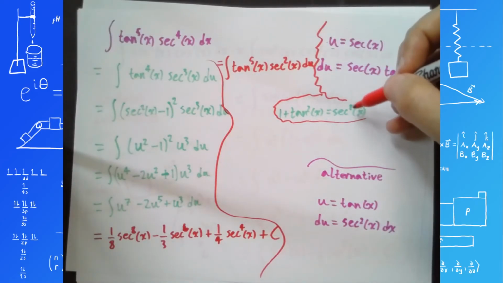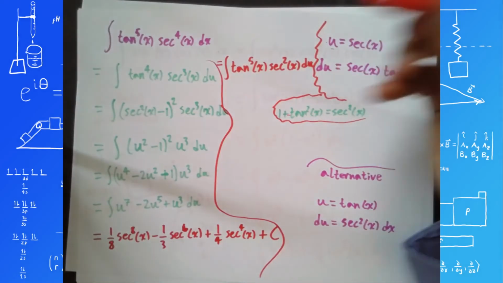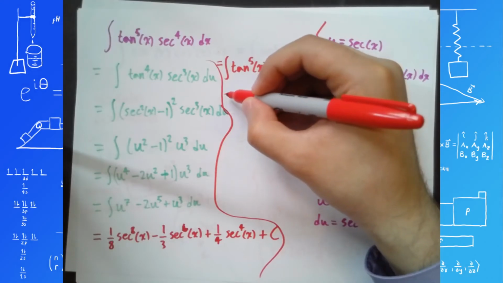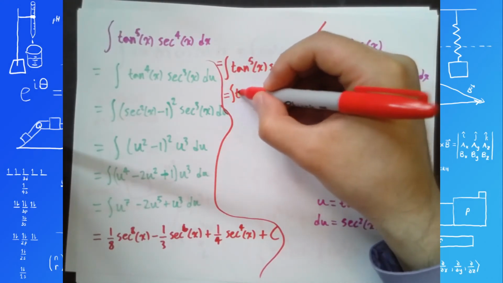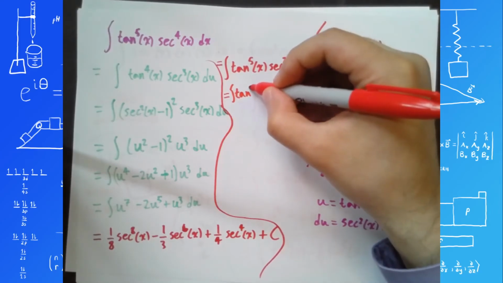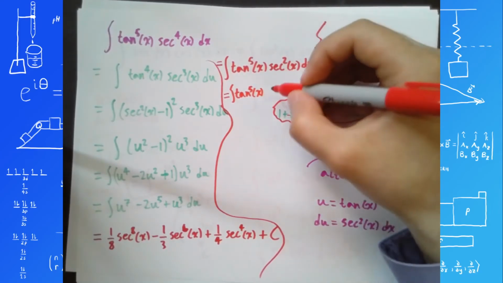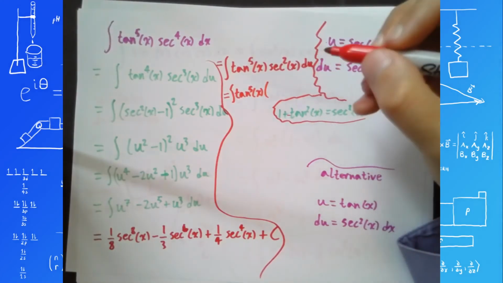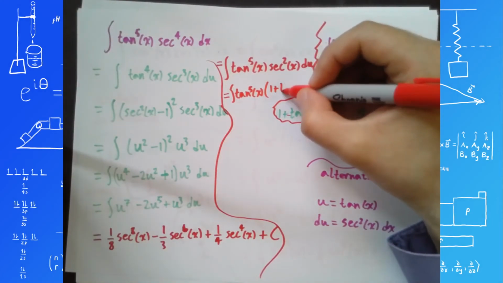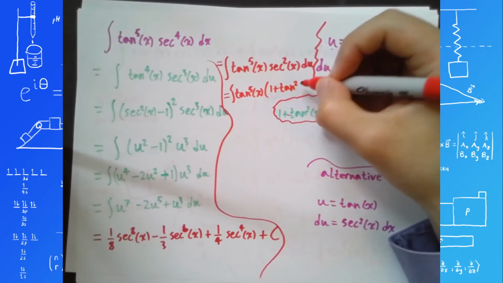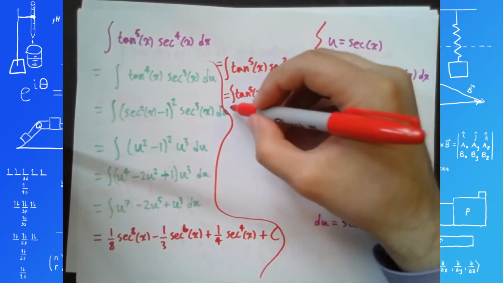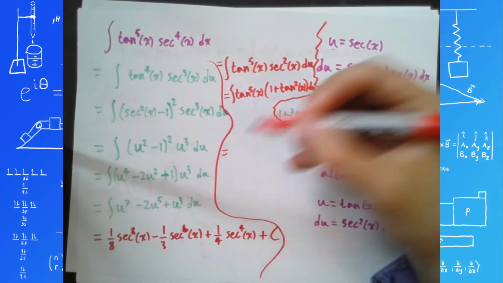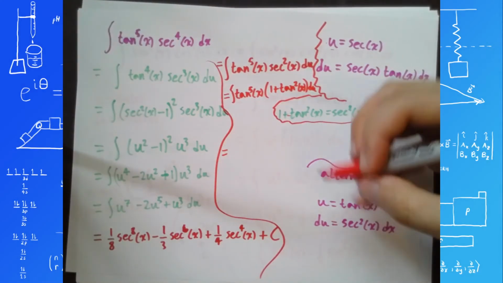Secant squared can be written as 1 plus tangent squared, so that equals the integral of tan to the fifth of x times 1 plus tan squared of x du. And then that can be rewritten where u is equal to tan of x.